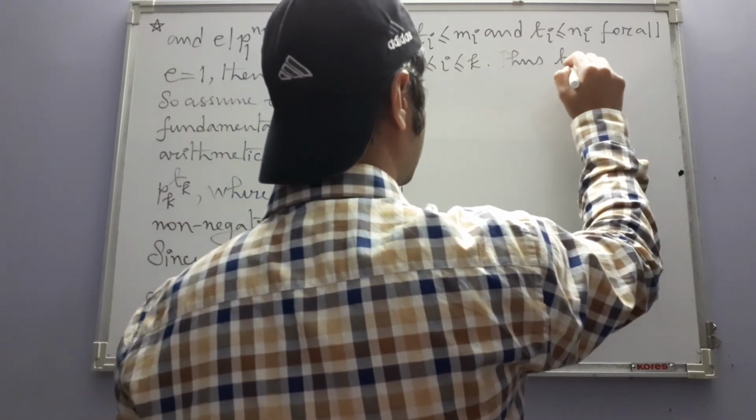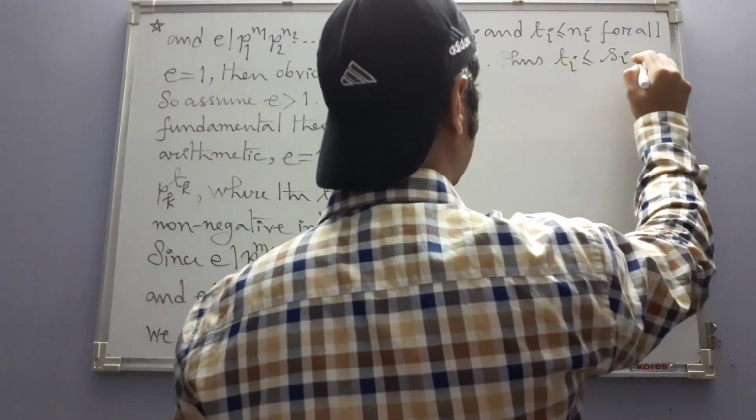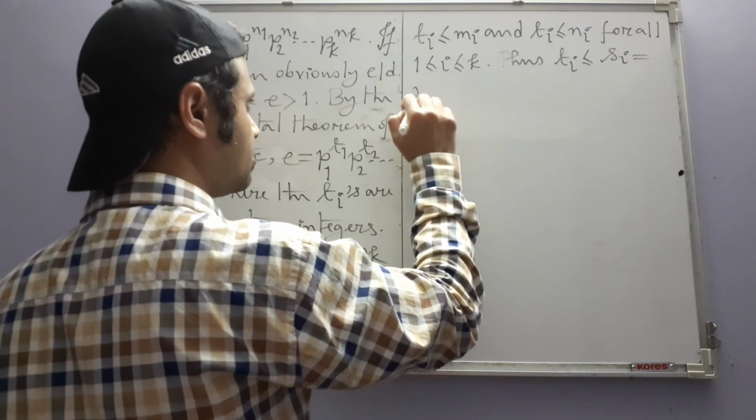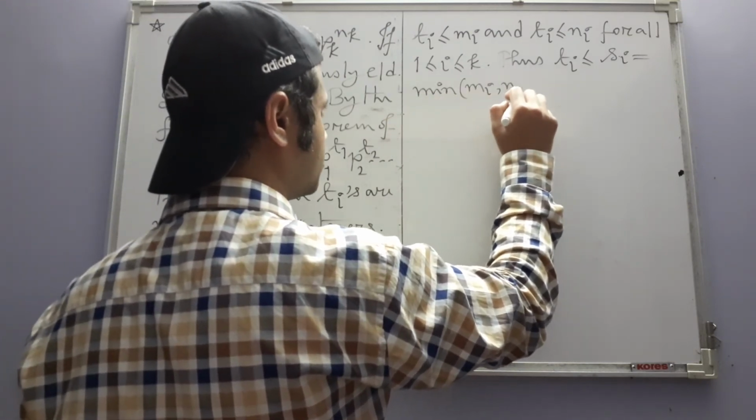Thus ti is less than or equal to si, which is the minimum of mi and ni.